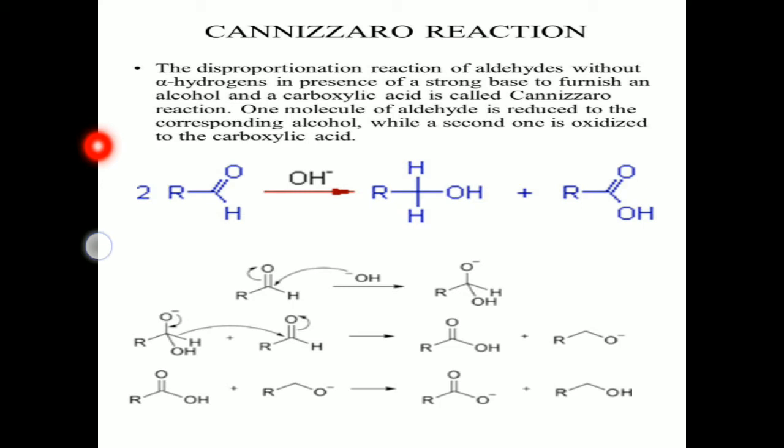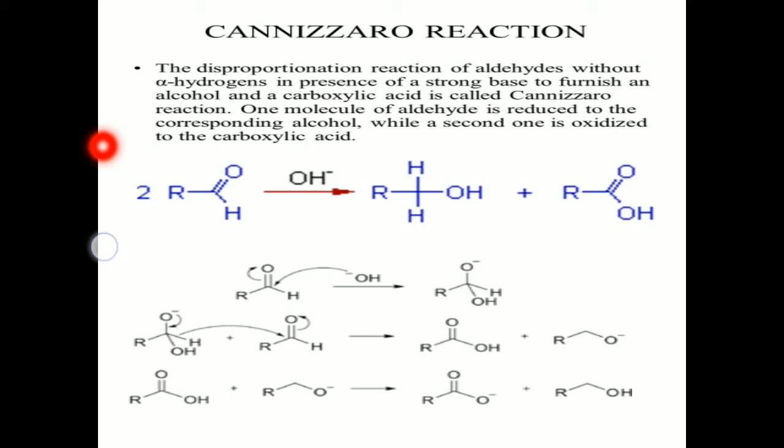One more molecule of aldehyde is also participating. That molecule is forming acid, C double bond OH. Formation of acid from aldehyde is called oxidation. So one molecule of aldehyde is undergoing reduction, and another molecule of aldehyde is undergoing oxidation.